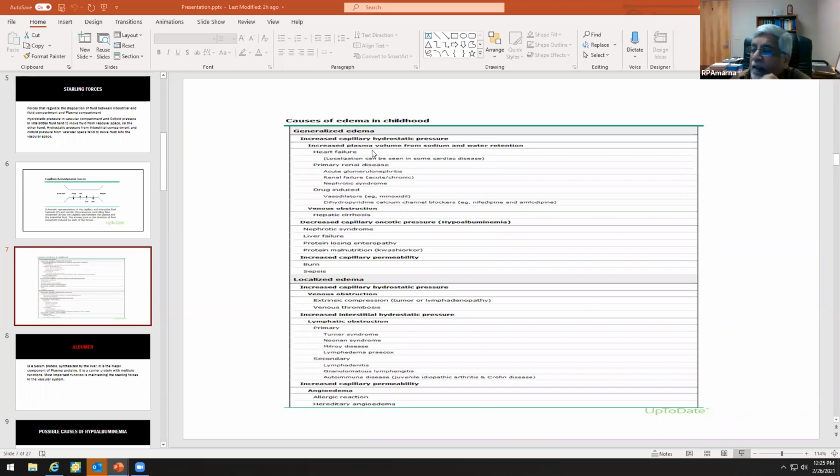Good. Now, there are generalized causes for edema in childhood. They are divided mainly into generalized edema and localized edema.